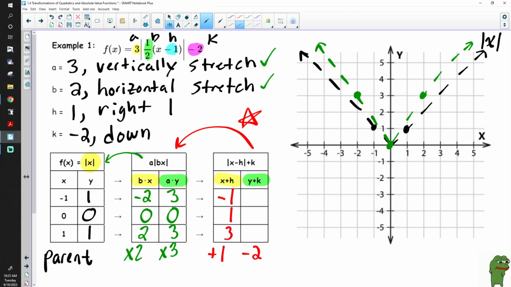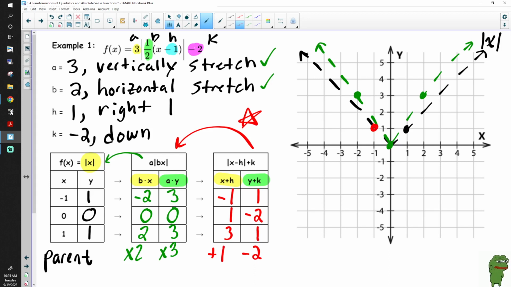Okay, so what did we just do? We moved the whole graph right 1. The y values are going to move it down. Subtract 2 from everything. 3 minus 2. 0 minus 2. And 3 minus 2 again. Okay, so this will be our final answer, our final transformed absolute value. So -1, 1.